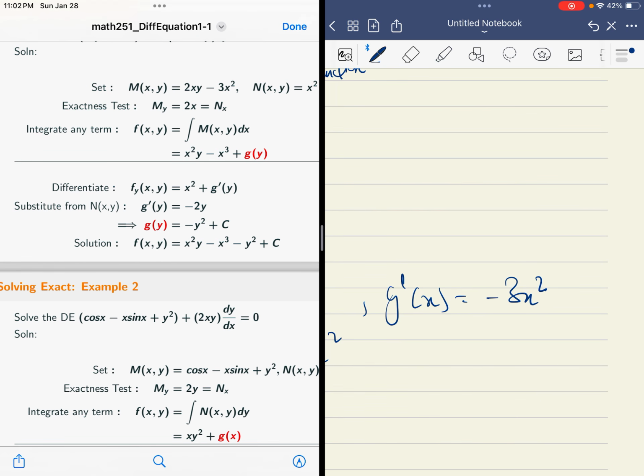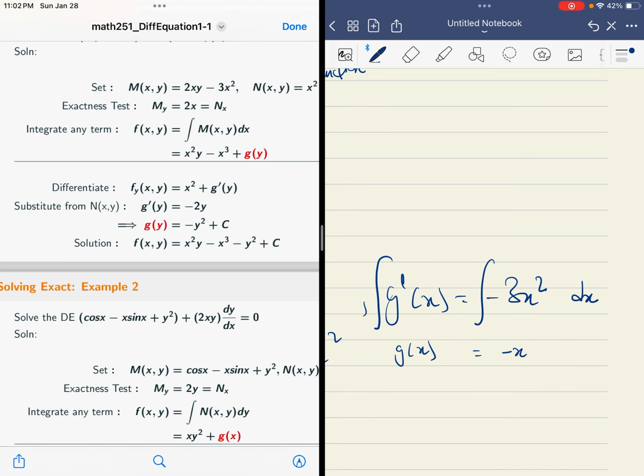So we have g prime of x. We want to find g of x. So we integrate both sides, and we integrate with respect to x, because g, like I said, is in terms of x. And so when we integrate this, what do we get?